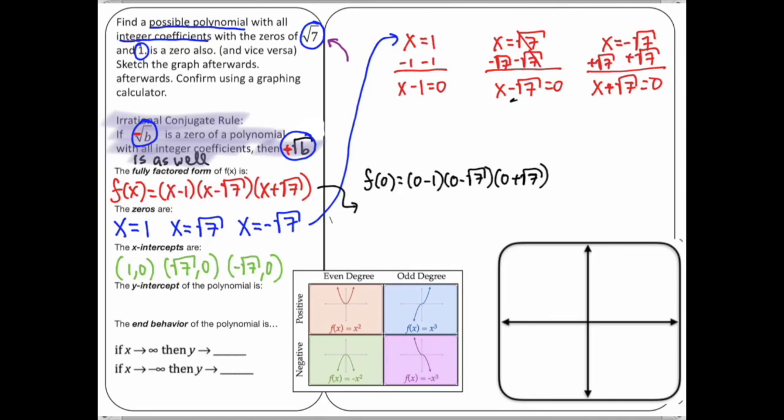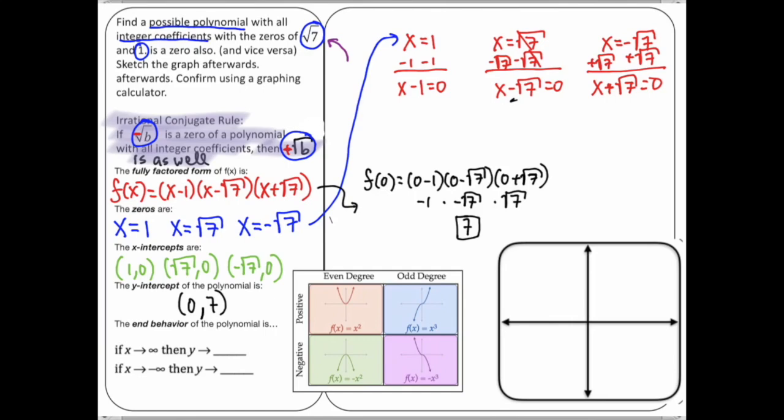So this is a negative 1 times a negative square root of 7 times positive square root of 7. When I multiply the square root of 7 times the square root of 7, that's going to give me 7. And the two negatives, so this is going to give me 7. So 0, 7 is going to be my y-intercept.